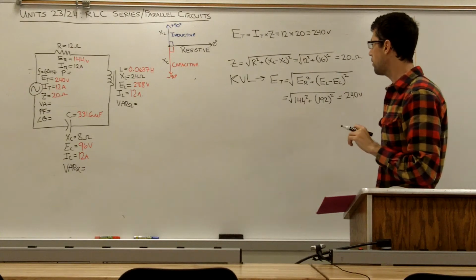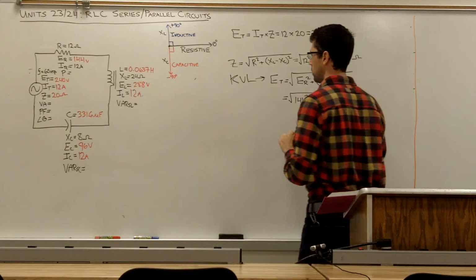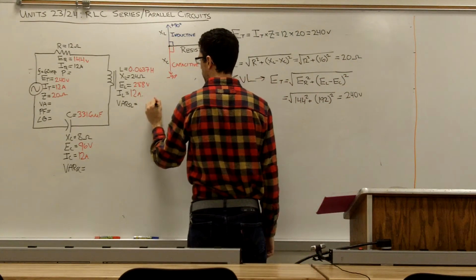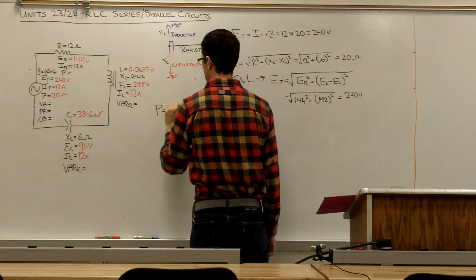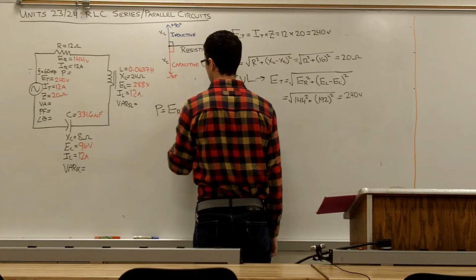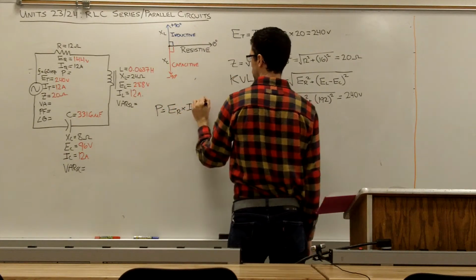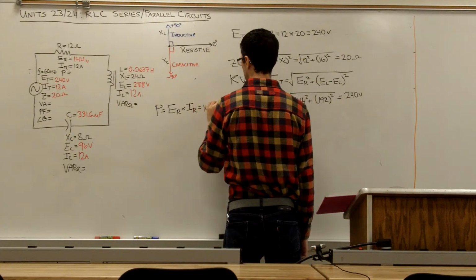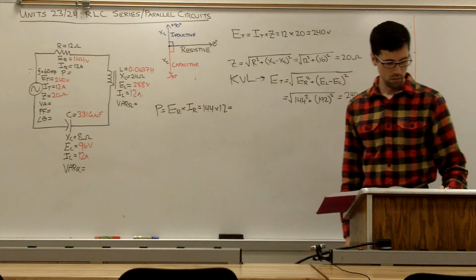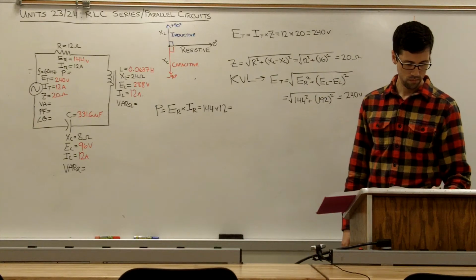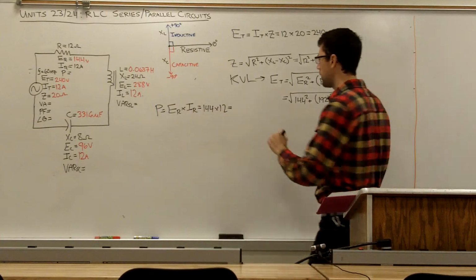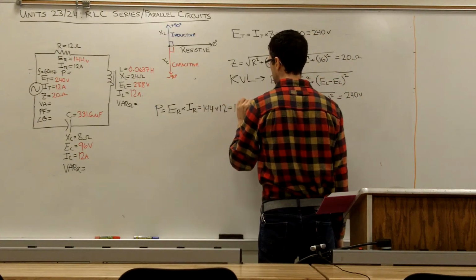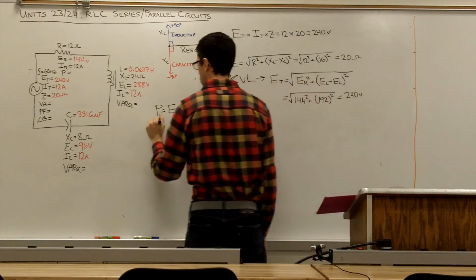Now, let's deal with the power values. So the true power, P, is equal to E sub R times I sub R. So 144 volts times 12 amps gives me 1,728 watts.